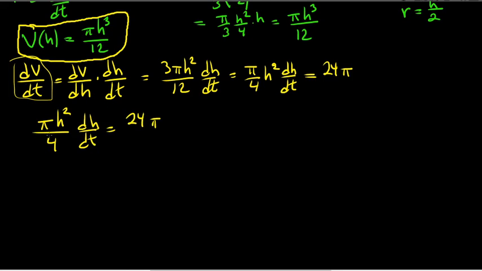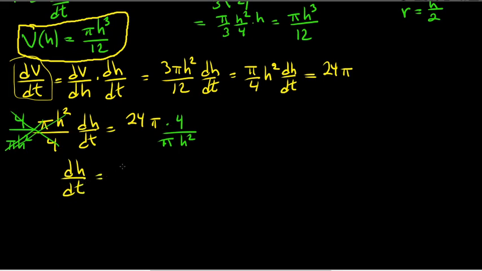I was just going to multiply by the reciprocal here. We can multiply by 4 and divide by pi h squared, so that everything cancels on the left.